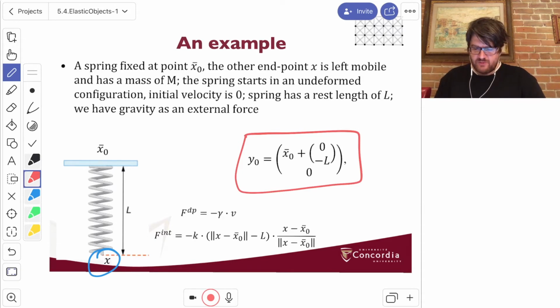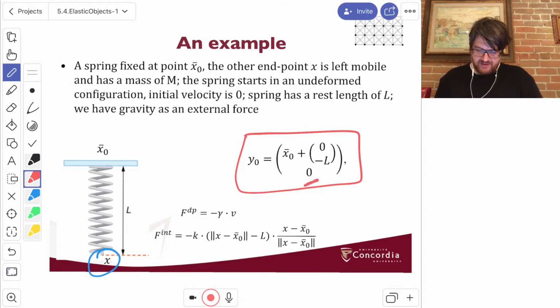So in this case, y0 is x0 bar plus 0 minus L, right? Because we go from x0 bar, it's on the same x-axis, but we have to go down minus L. And the initial velocity is 0 here.